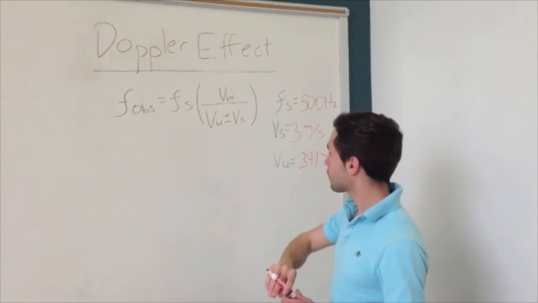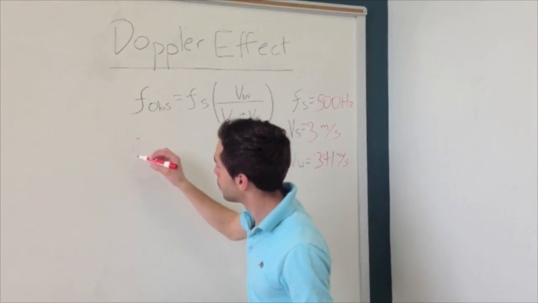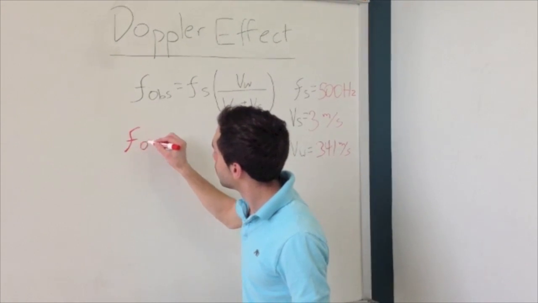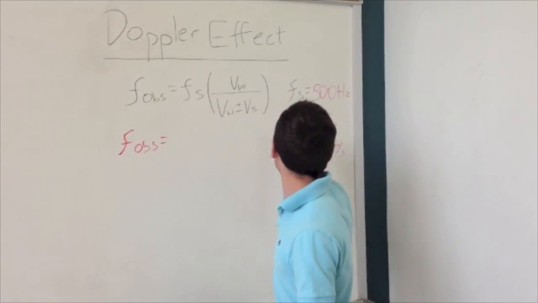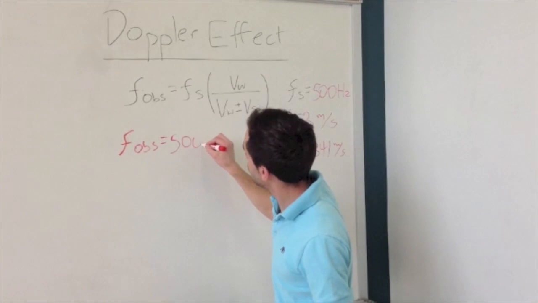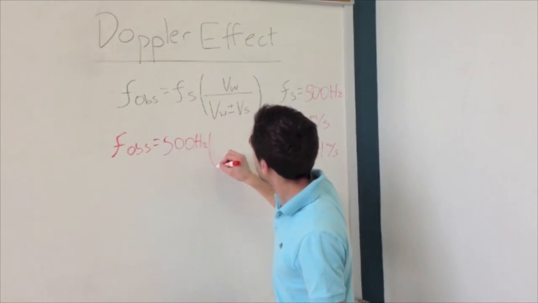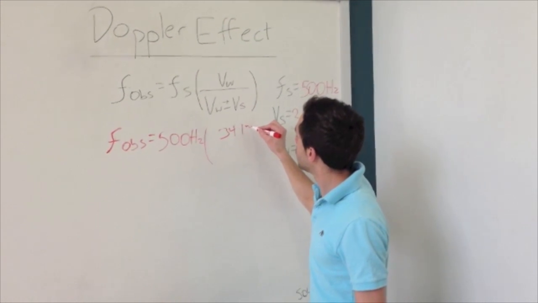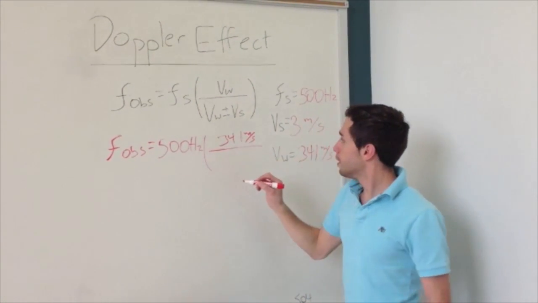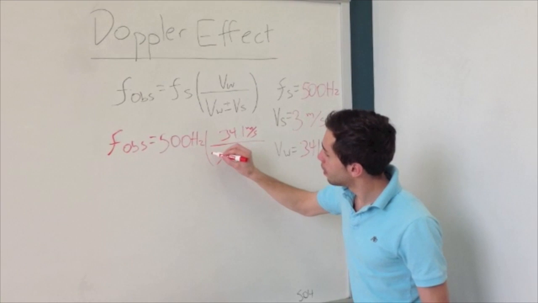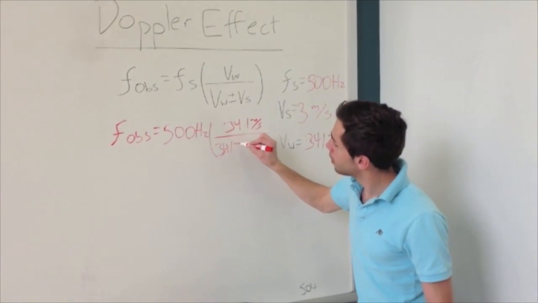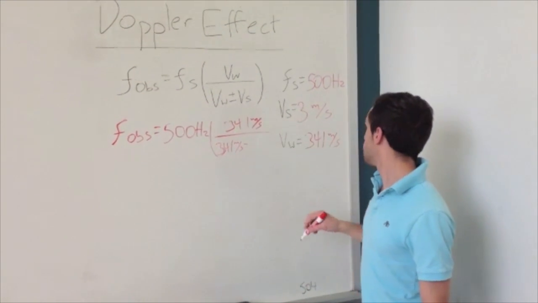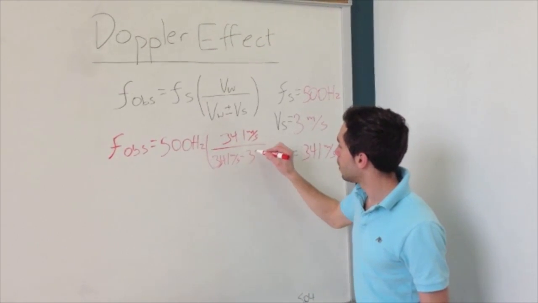But, so we just plug in our variables. Frequency of the source, 500. Speed of sound is 341, divided by 341 minus 3 meters per second.